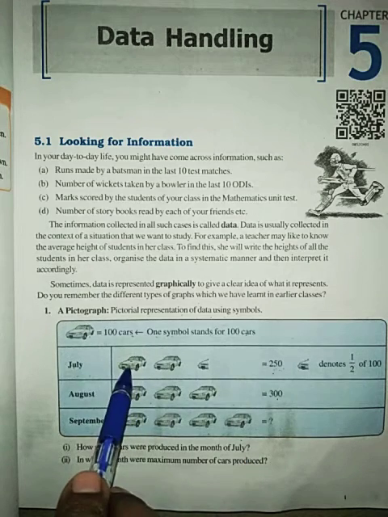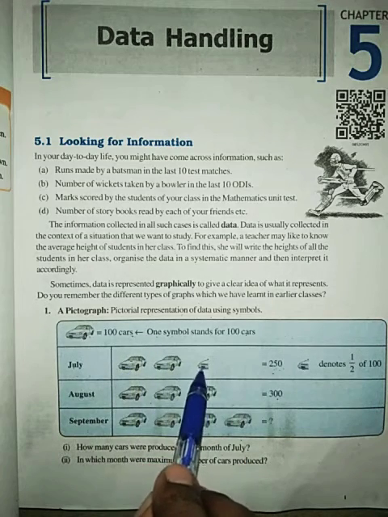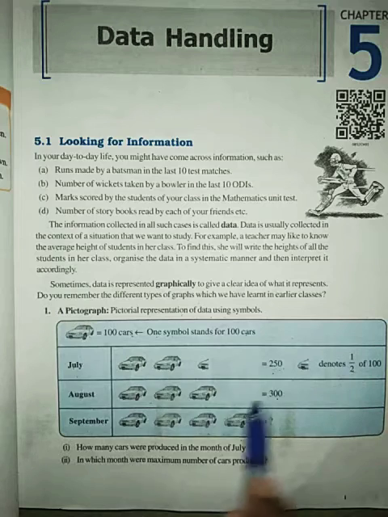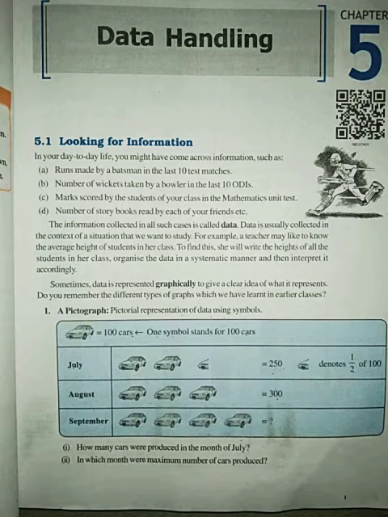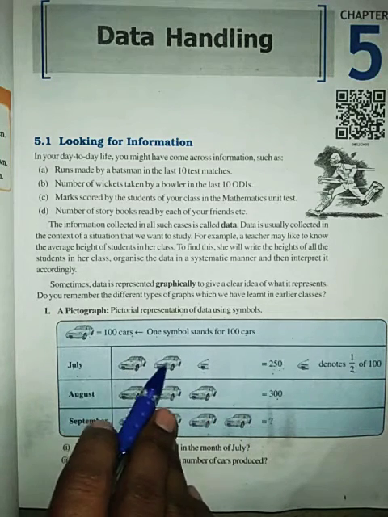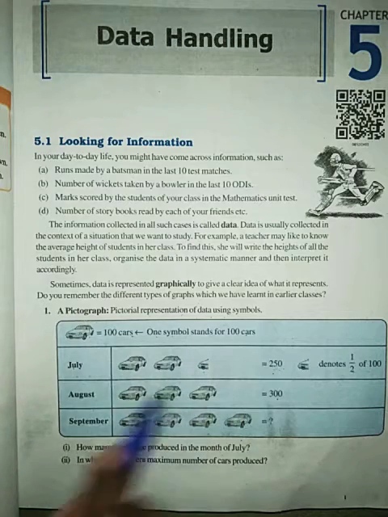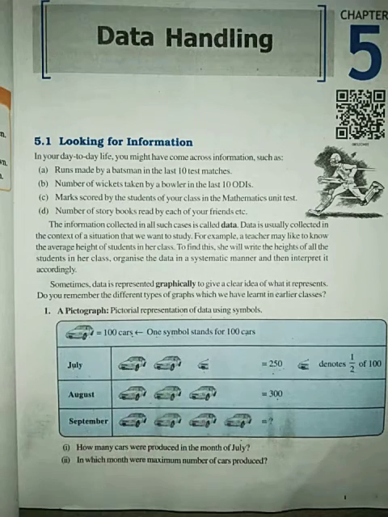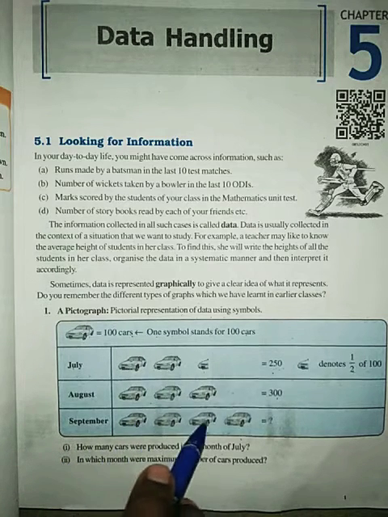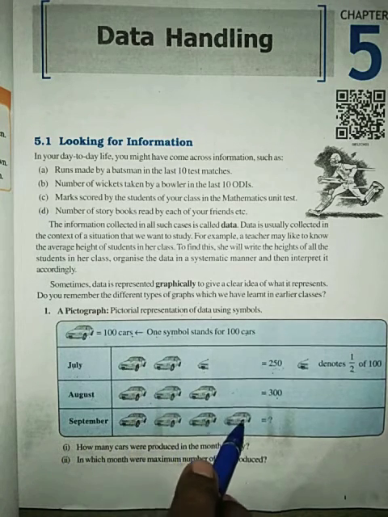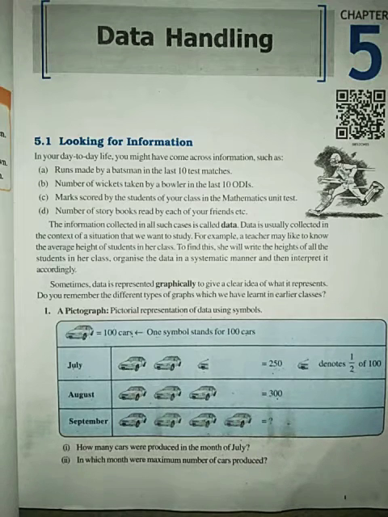Now 250 is 100 plus 100 plus half a car, and half is 50. So 200 plus 50, total 250. So July has 250 cars, August 300 cars. September: 1, 2, 3, 4, so 400 cars. Like that, this is the pictorial representation of the information.